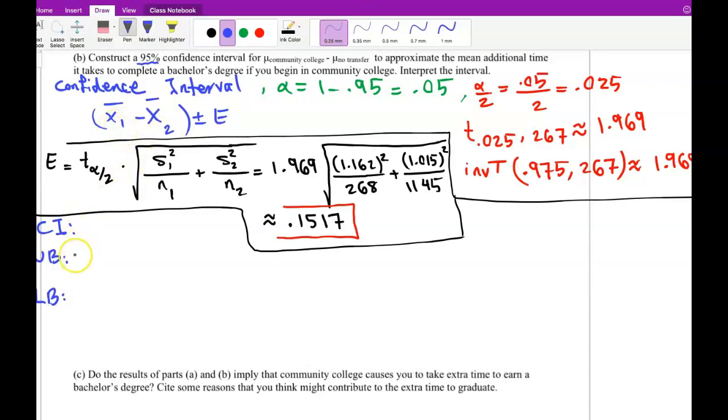For upper bound, we have plus E, and for lower bound, minus E. So finding the difference between these two sample means.